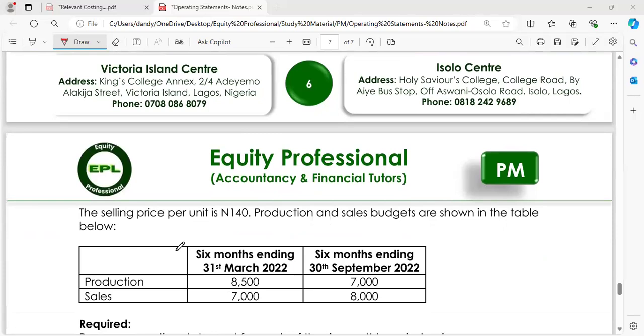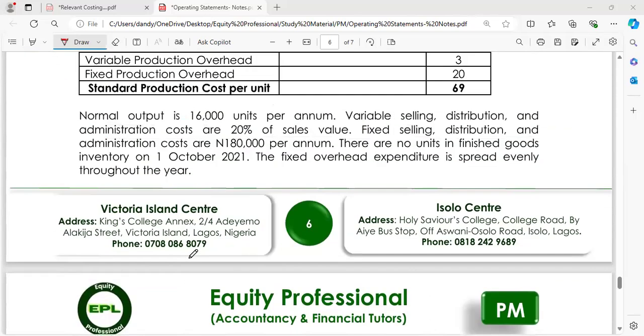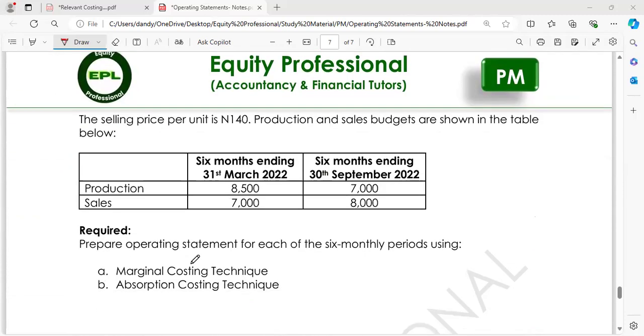The fixed overhead expenditure is spread evenly throughout the year. The selling price per unit is 140 naira. Production and sales budget are shown in the table below. Required: prepare operating statements for each of the 6 monthly periods using marginal costing technique and absorption costing technique.